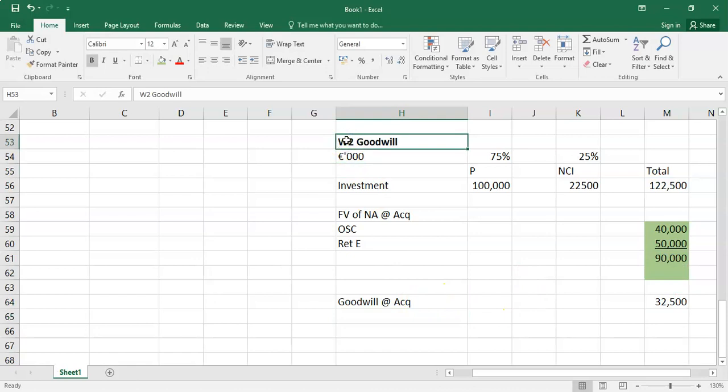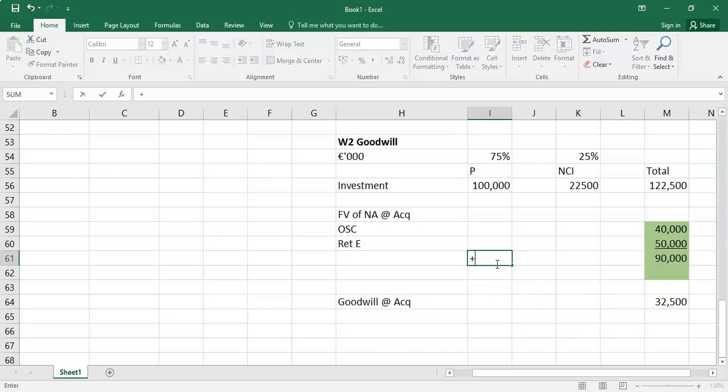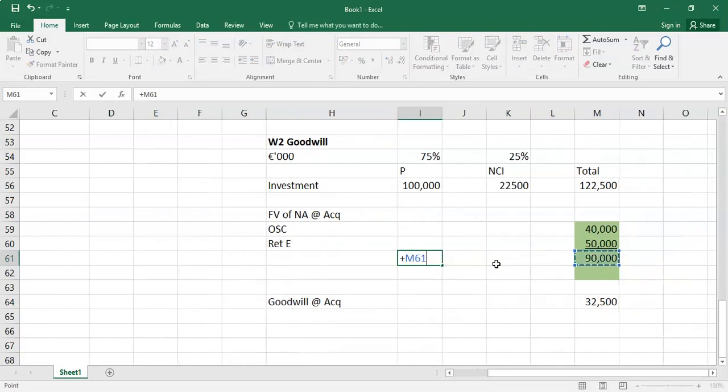Your goodwill at acquisition is 32,500. So again, that is nothing different than what we've done before. The only tricky element is to make sure you take the converted euro amounts, otherwise it's going to be meaningless comparing euros to dollars. And remember, as we work across the net assets, 90,000, that means 75% of that would go towards the parent.